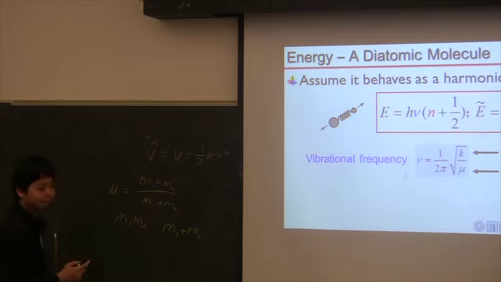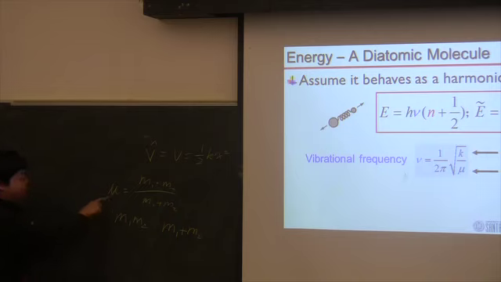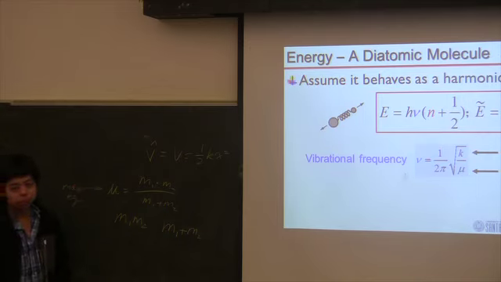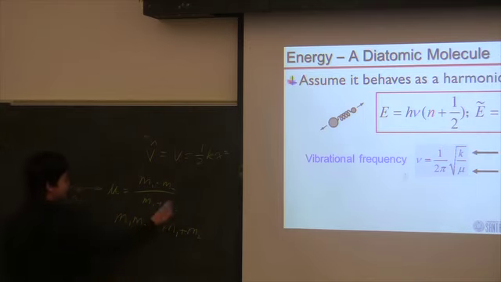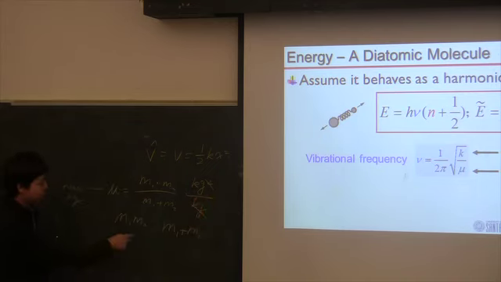Well, by checking the unit. The reduced mass should give you kilograms. It must be kilogram squared over kilogram, and in that case you get kilogram. So that's why you get the product on the top and the sum on the bottom.